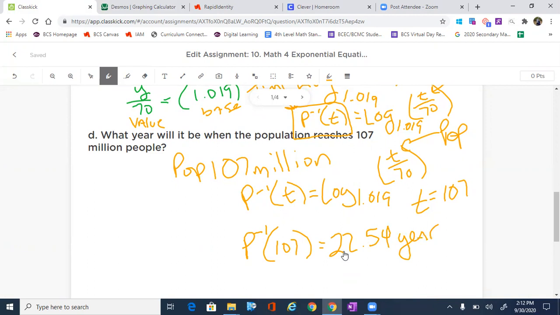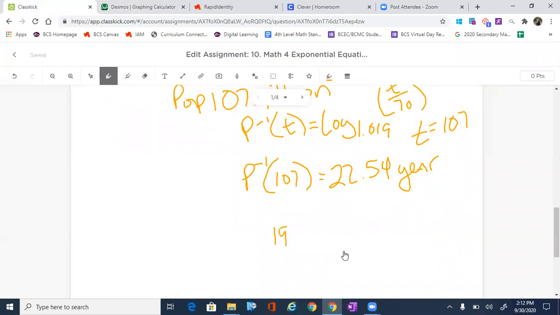And that is from 1999, right? So from 1999 plus 22.54 years is going to bring us to 2021.54 is the year. So 2021 is that time period.